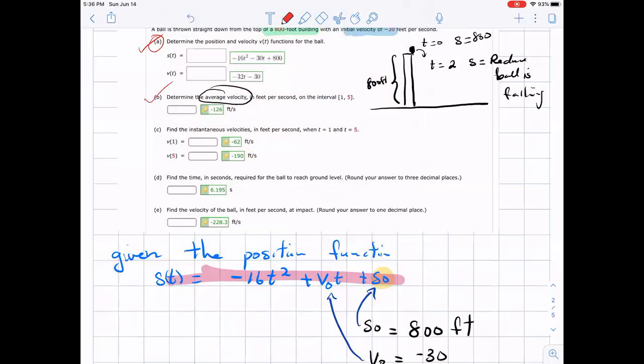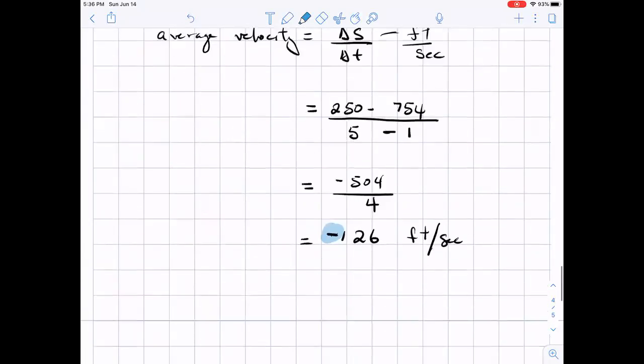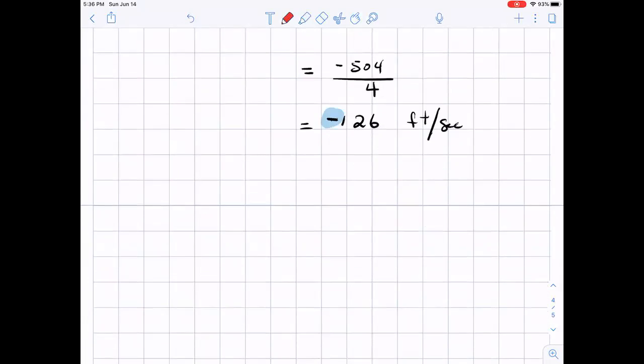For part C, you're asked to find the instantaneous velocities. First, you were finding average velocity, now you're asking for instantaneous velocity. So to find the instantaneous velocity for part C, we use the function v of t.